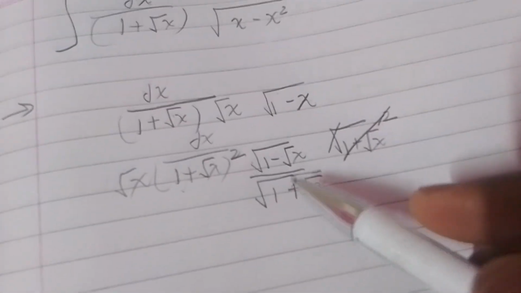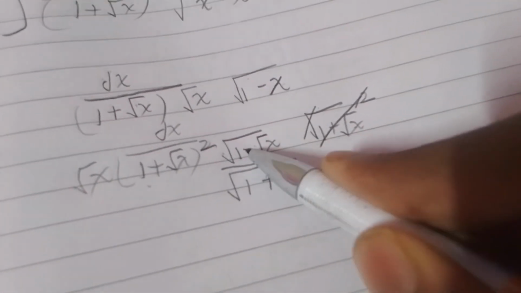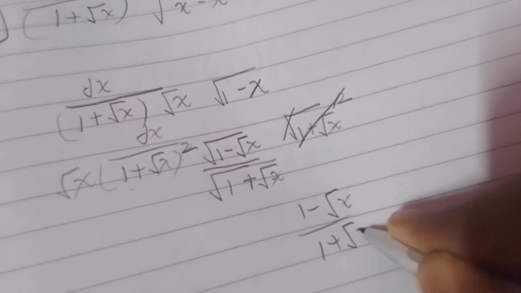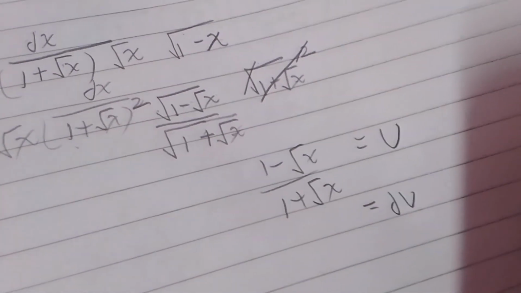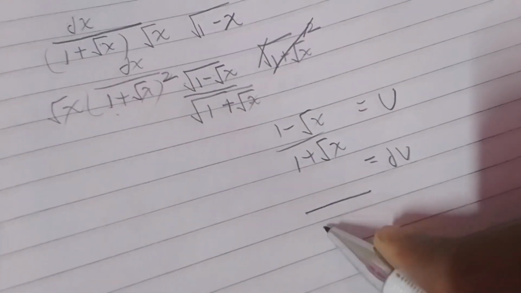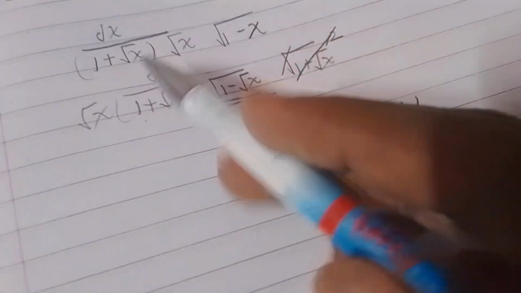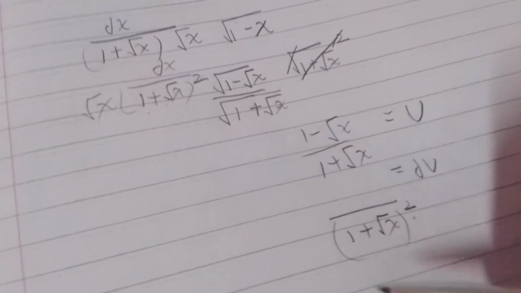And now you got to know why I did it so, because if I substitute this 1 minus root x upon 1 plus root x as suppose u, then I will get du as something upon 1 plus root x whole square, and that is here, right? So that is why we did so.